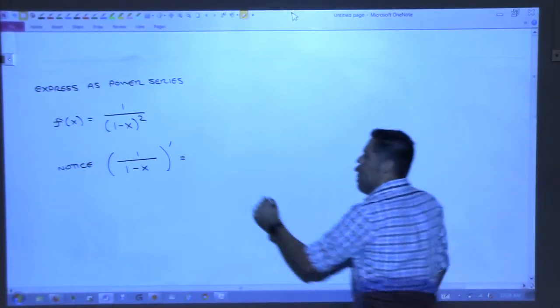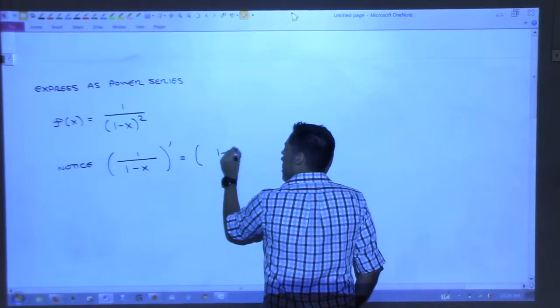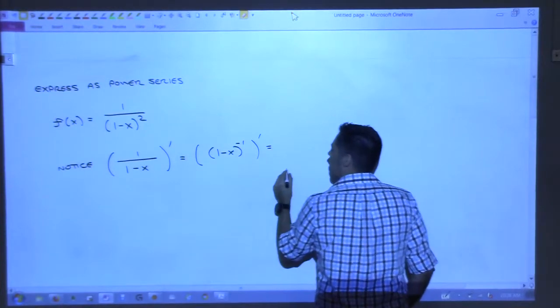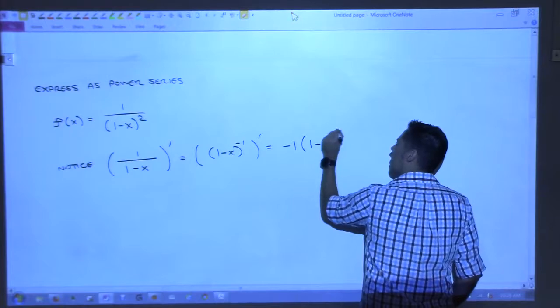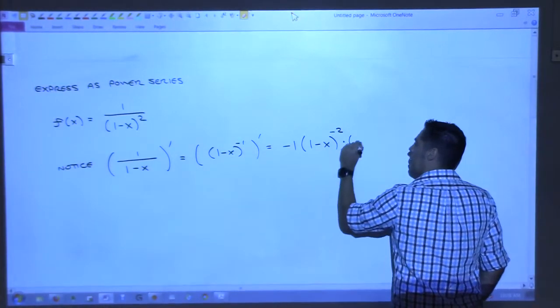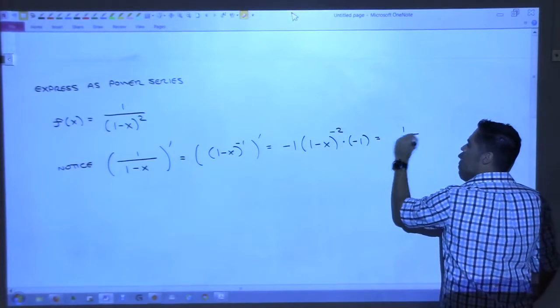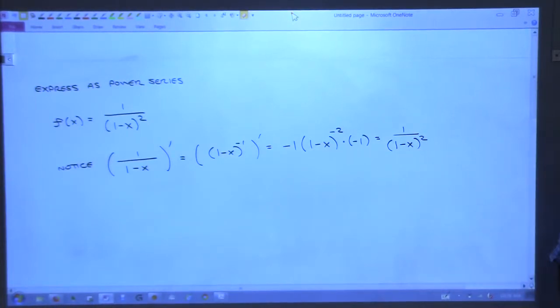Okay, so let's see. Maybe we've forgotten how to do derivatives. This is the same as 1 minus x to the negative 1, right? That's what that is. And if I ask you to take the derivative, what would that be? Negative 1, 1 minus x to the negative 2, times the derivative of what's inside. Negative 1 again, which means 1 over 1 minus x squared. Do y'all agree?